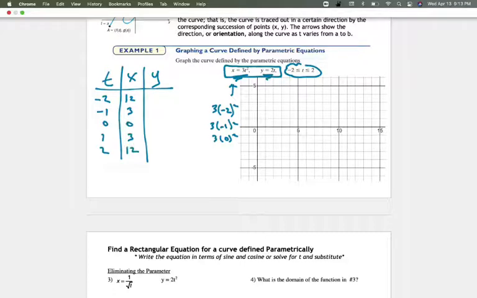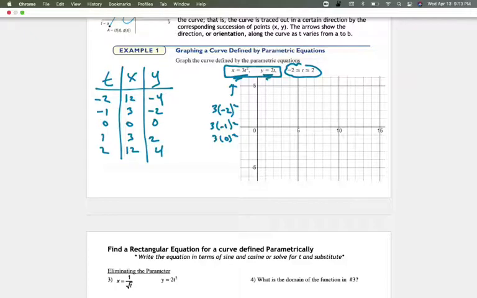Then I'm going to plug the t into the y equation. So I'll do 2 times -2, which is -4. 2 times -1, which is -2. 2 times 0, which is 0. 2 times 1, which is 2. And 2 times 2, which is 4.